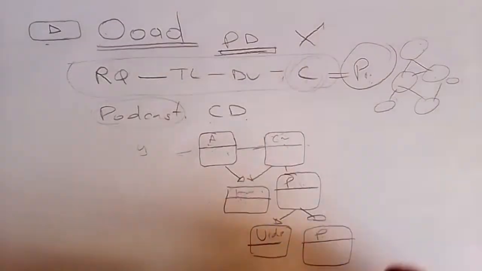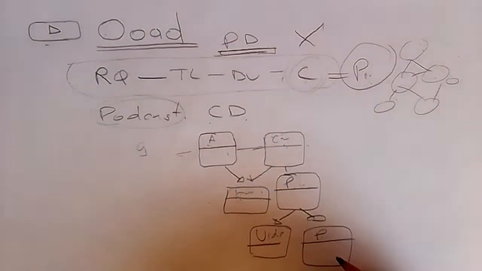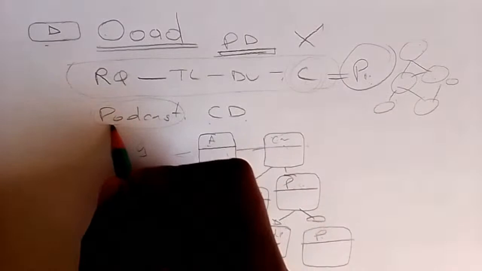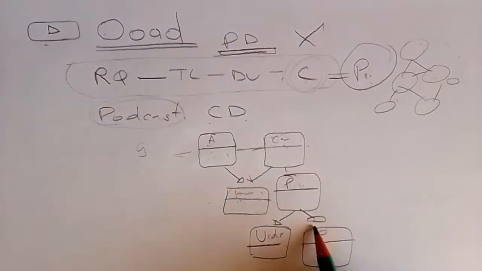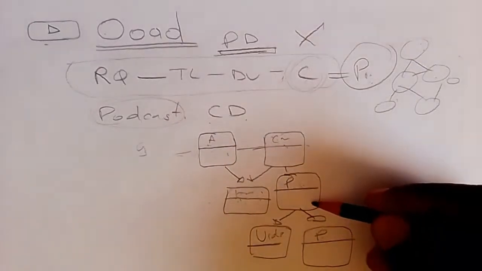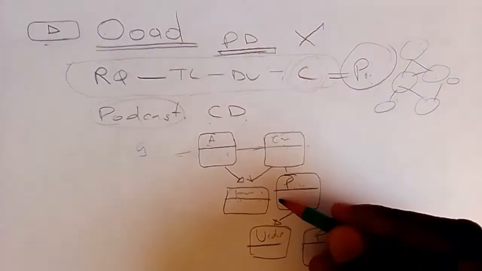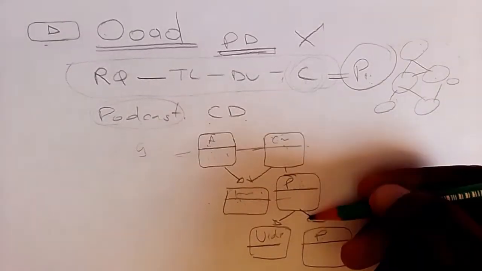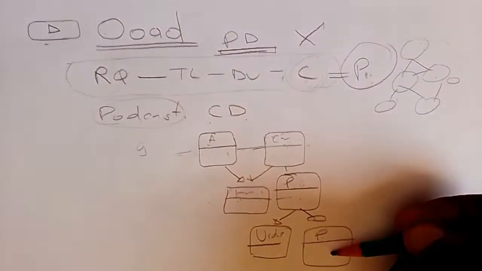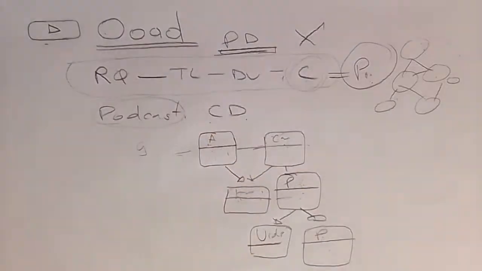So let's just continue with that example. Now, first of all, they have defined that, okay, the feature that we are going to create is going to be a class, and this class is going to inherit from publishing. So it's going to be a child of publishing, and publishing is a parent to this class. And this is some sort of a relationship between this class and this one.